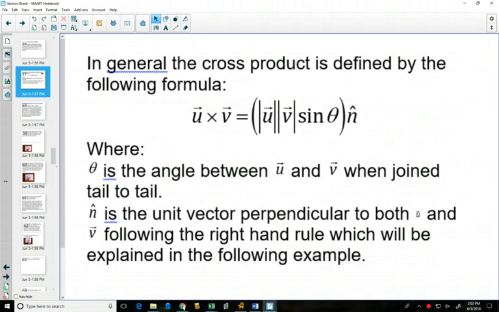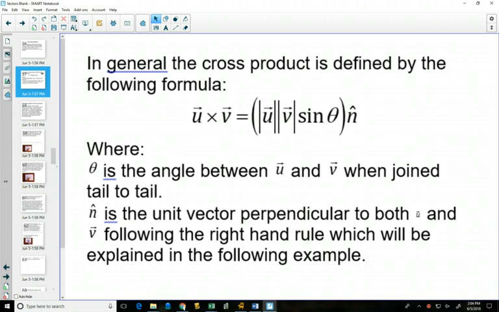U cross V is the length of U times the length of V times sine of theta, the angle in between, multiplied by a unit vector n in the direction that is perpendicular to the plane that both U and V are in. If I have two dimensions, and my vectors are here on the desk, then the cross product will produce a vector that's either pointing straight up or pointing straight down.